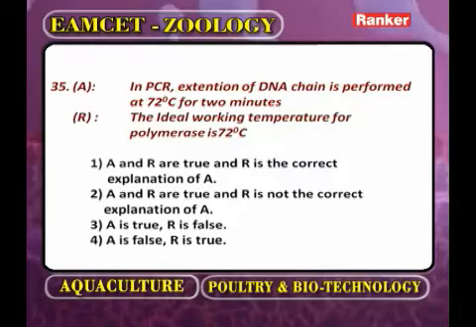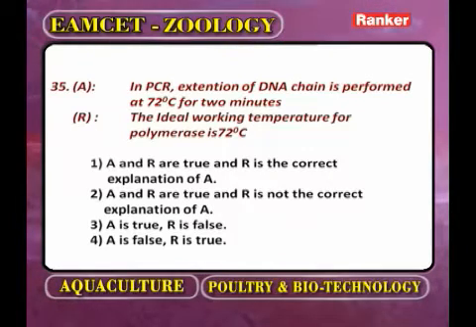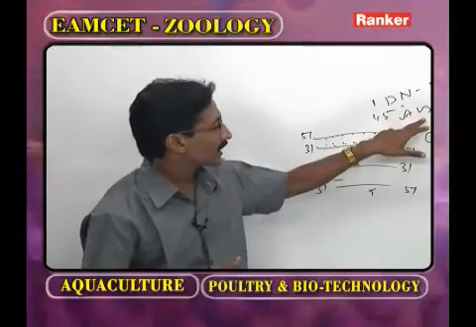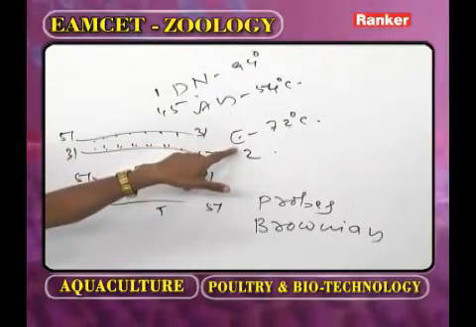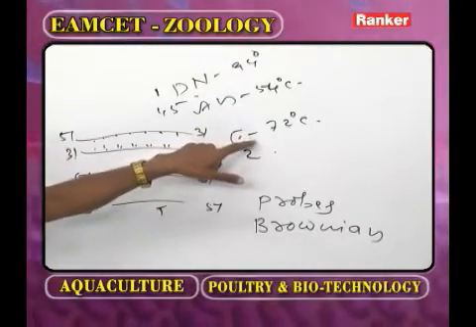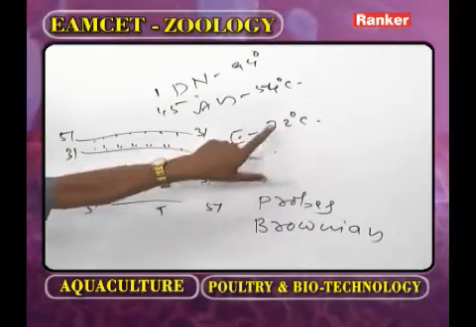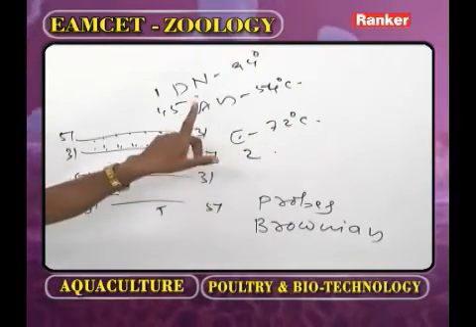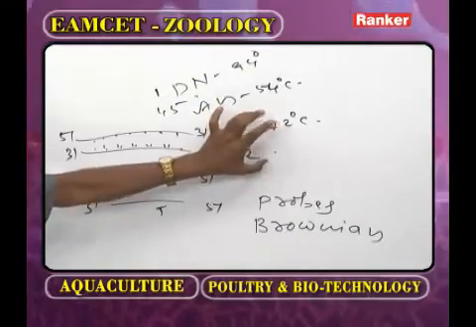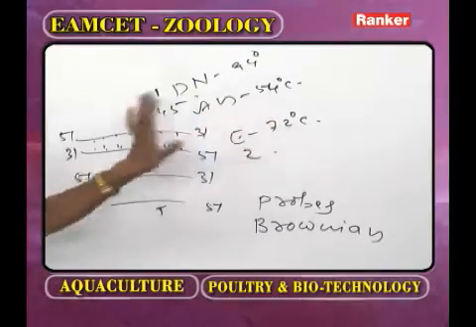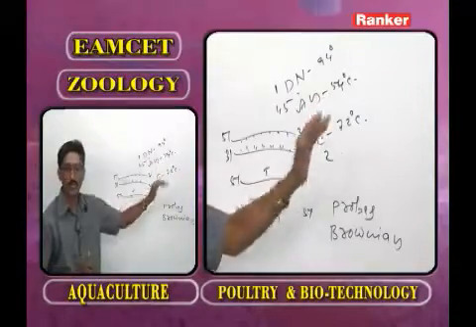Next question. In PCR, the first step is denaturation, the second is annealing, the third is extension. Extension is done at what temperature? 72 degrees centigrade. The time required is 2 minutes. It is the ideal temperature. At this temperature, the extension is going on.